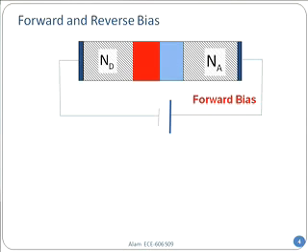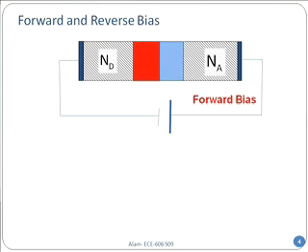For the battery I have shown a small vertical line and a large vertical line, and the large vertical line is essentially the P terminal of the battery. So this is forward biased, and in this case current flows very easily.